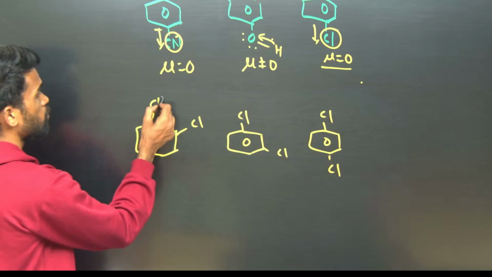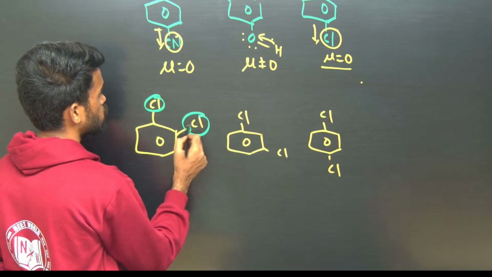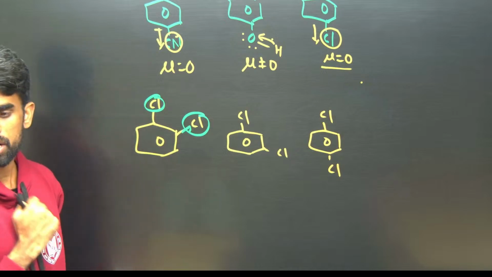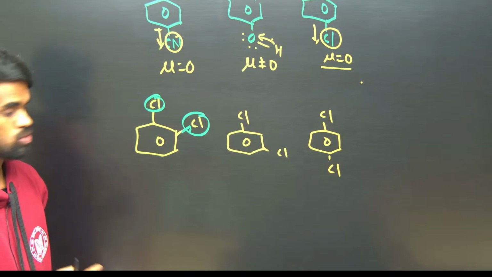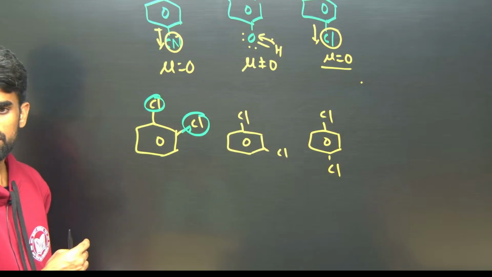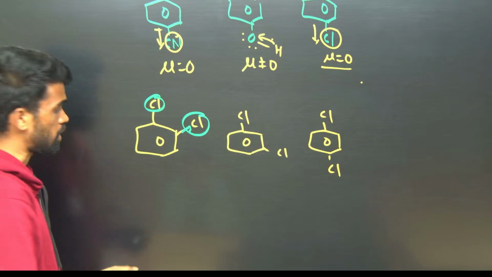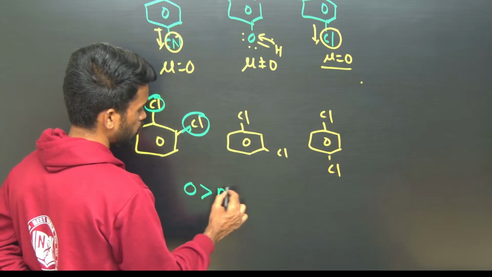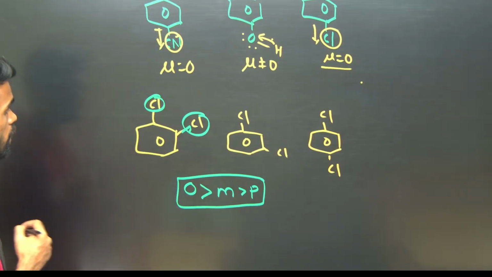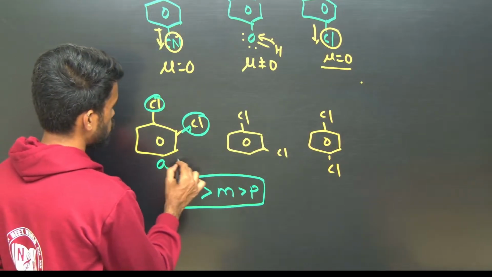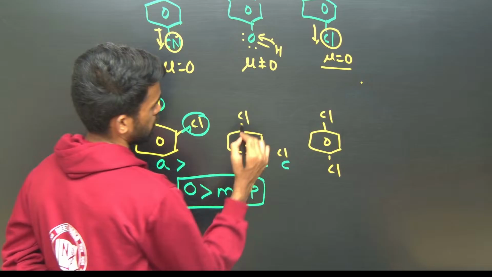Both are the same group, same nature. So what is the order I gave? The short trick I gave: OMP, PMO like that. So they are both the same. Then ortho, meta, para. Okay, OMP. That's it. So it means this is ortho now. So A, B, C like this.